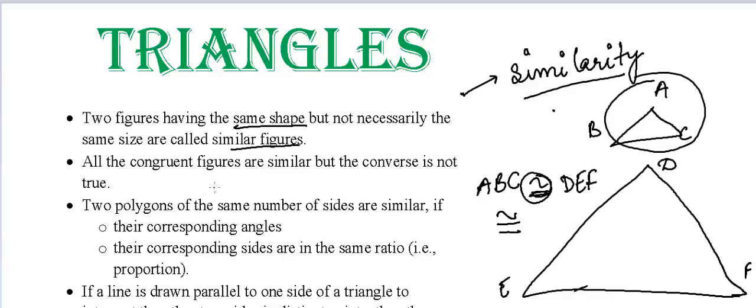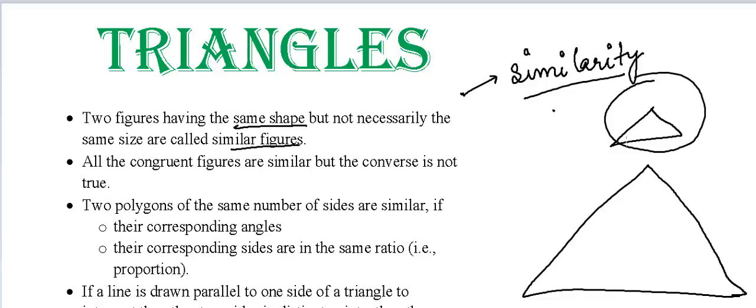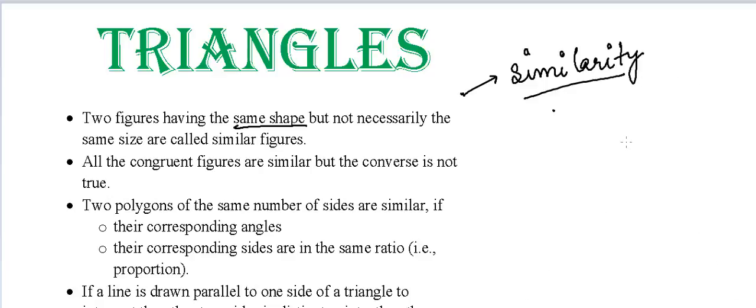All congruent figures are similar because they have the same shape. But the converse is not true. All congruent figures are similar, but all similar figures can't be congruent, because for congruency they must be of the same size as well.